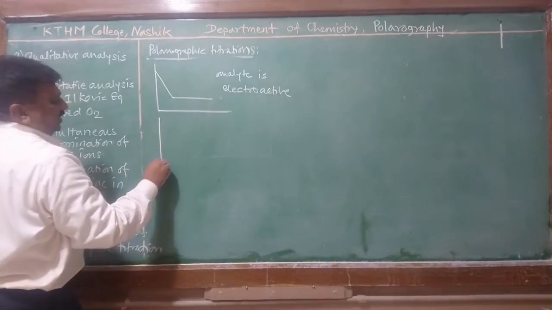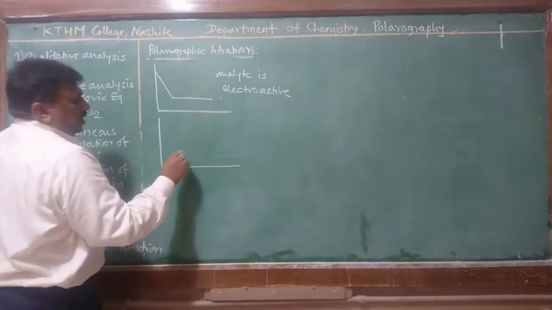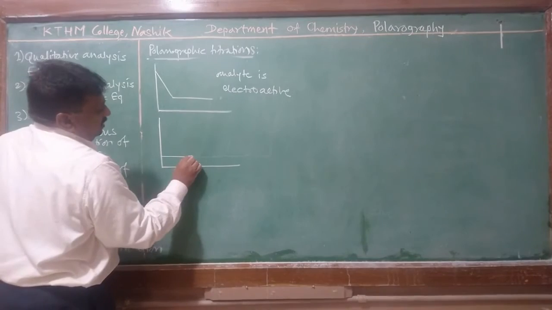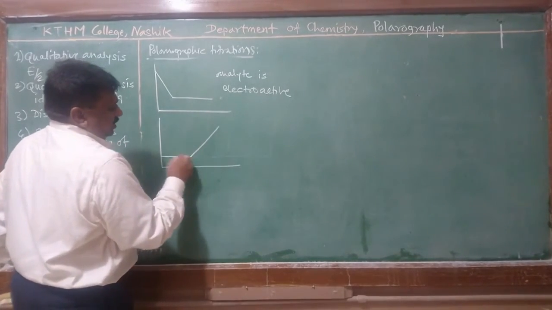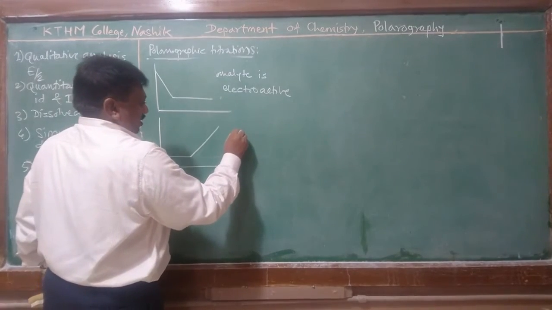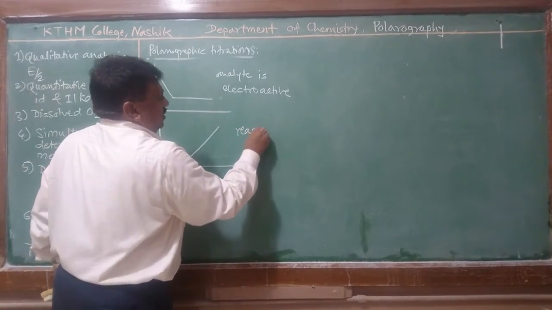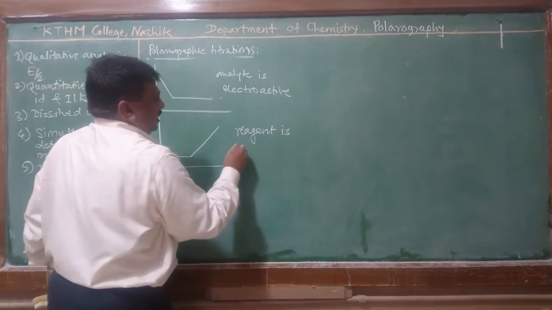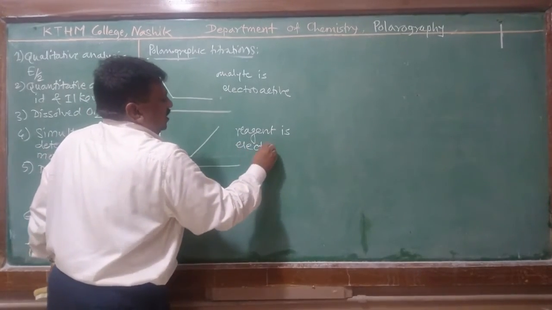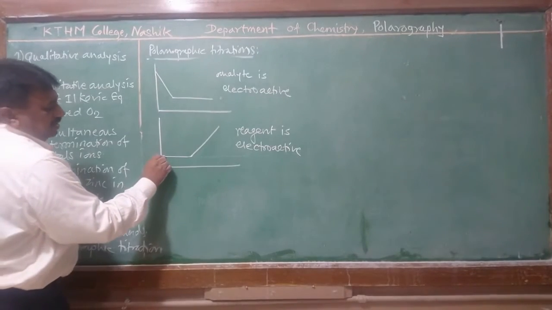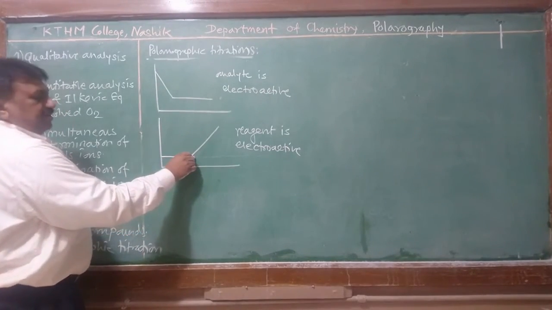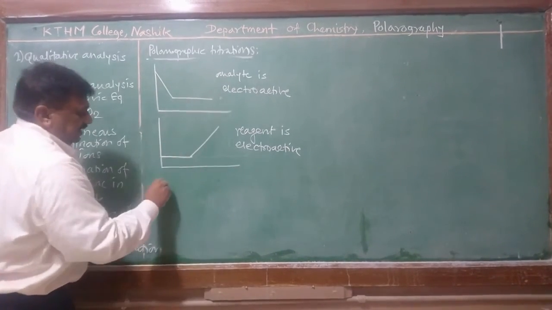We have a second titration curve in this fashion, in which the reagent is electroactive. That means the analyte and product are not electroactive because the diffusion current does not change, but after the equivalence point it increases.